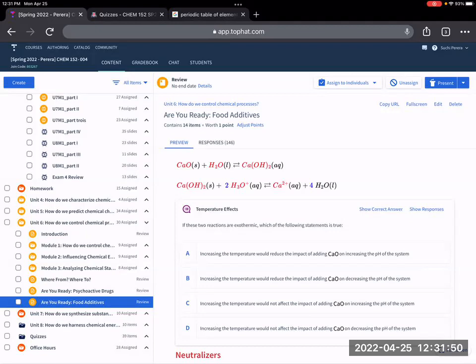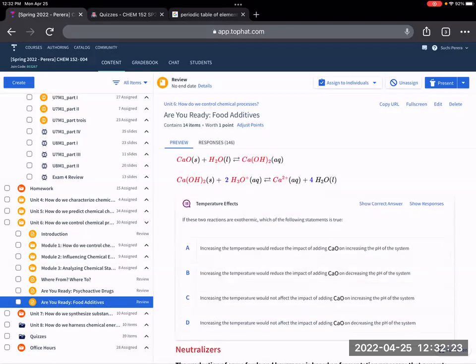Therefore, the impact of adding calcium oxide should be reduced. Reduced impact is correct because we are adding calcium oxide to generate calcium hydroxide to neutralize some acids. But increasing temperature is going to favor not the formation of calcium hydroxide, and that's going to reduce the impact of adding calcium oxide. That is correct, I think.